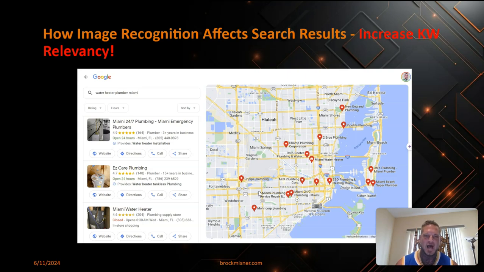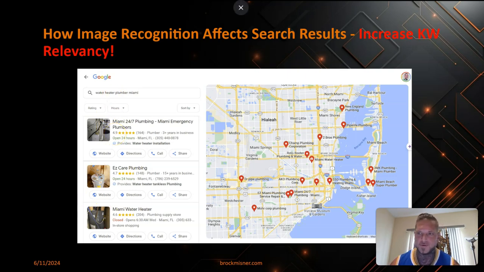So how can image recognition affect our search results, right? Number one, we're going to increase our keyword relevancy. As you can see, we've got a keyword search for water heater repair in Miami, okay? Look at the cover image Google selects for these businesses, and they are all going to be water heater style images.